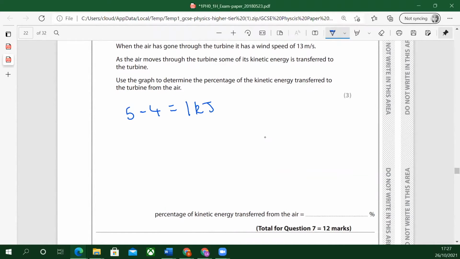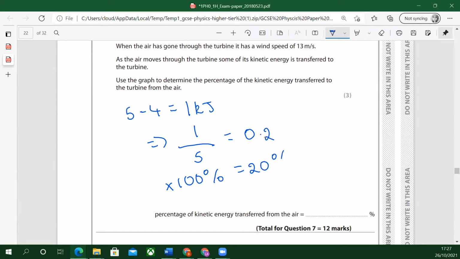Okay, so what's the percentage? You probably can do this in your heads actually. It's 1 over 5. 1 over 5 gives us 0.2 for maths. To get a percentage, we times by 100%. So you get 20.